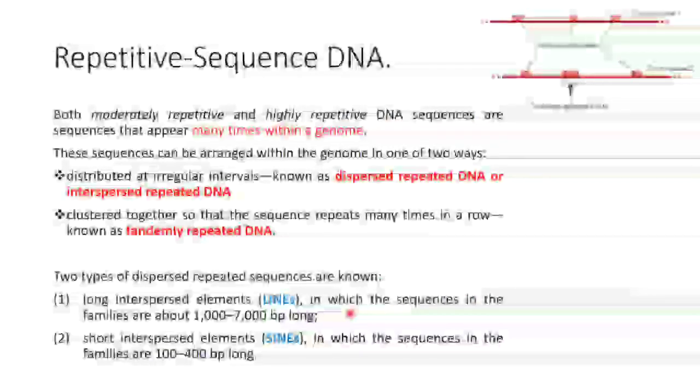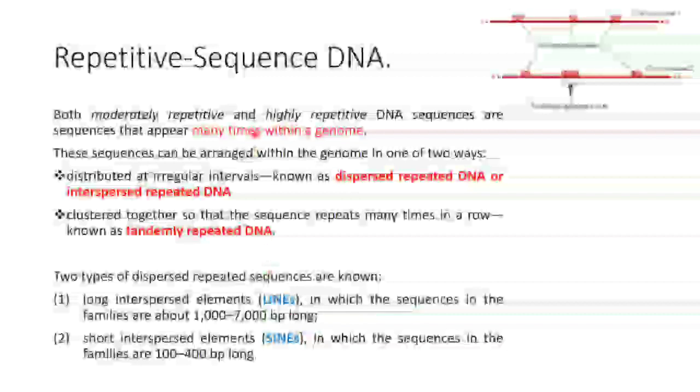At the end of this chapter, we will define the repetitive sequence DNA, both, as we said, moderately and highly repetitive DNA sequence. They are repeated many times within the genome, but these repetitive sequences are arranged differently inside the genome.